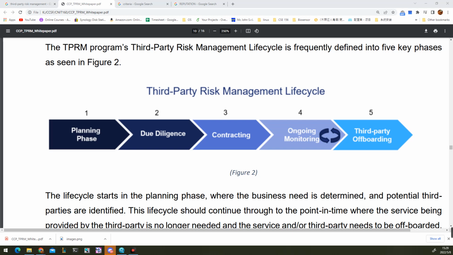Ongoing risk assessment and third-party performance monitoring should be conducted in context with the risk and complexity of the service provided by the third party. Ongoing risk monitoring could include, for example, risk questionnaires, on-site due diligence visits, or other monitoring techniques. So this phase includes risk monitoring, performance management, and oversight.